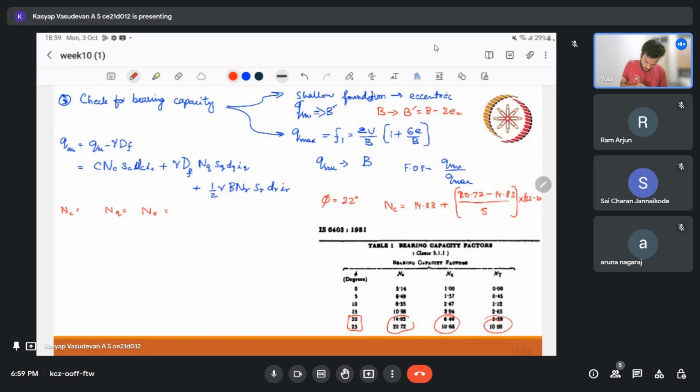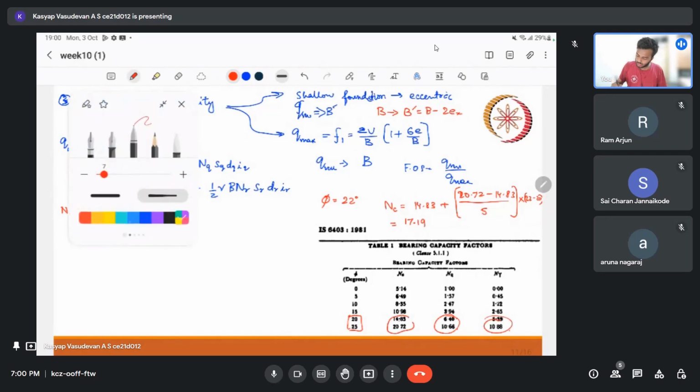If I use this formula, I get 17.19. That's how we interpolate. Interpolation is a very basic thing we can learn from anywhere. So N_c will be 17.19. Similarly, we can interpolate these values for N_q and N_gamma, that is 8.1 and 7.59. That is our bearing capacity factors.